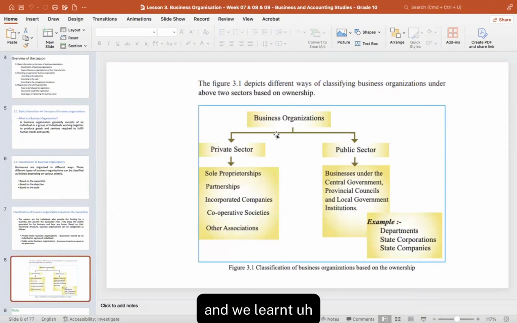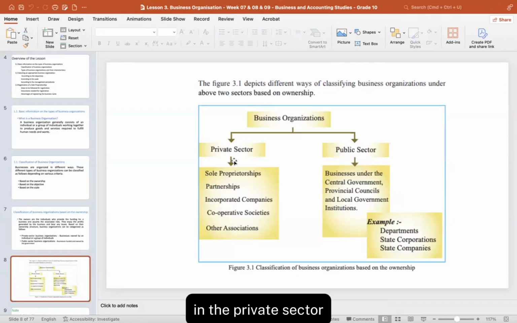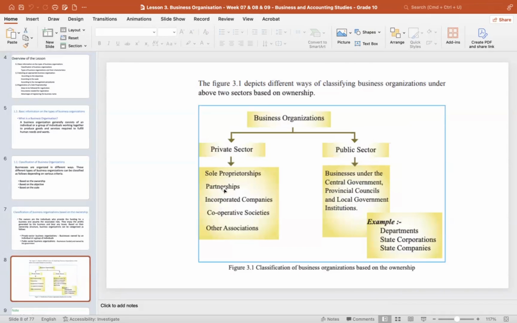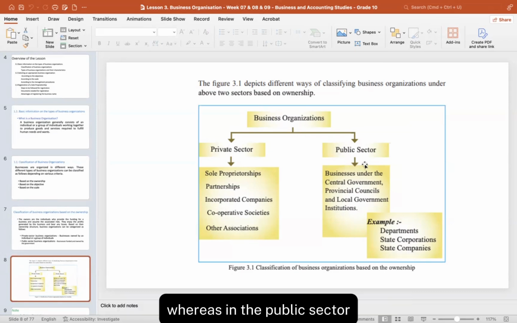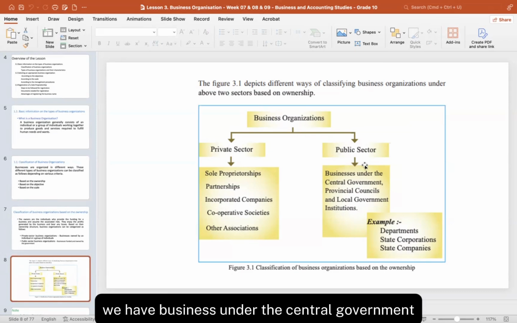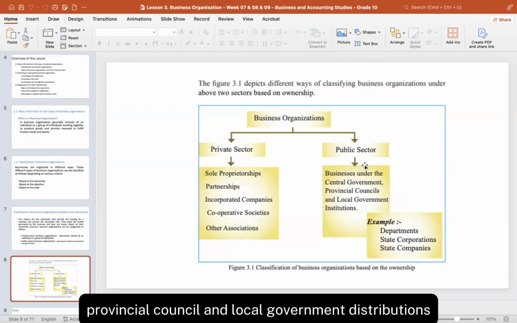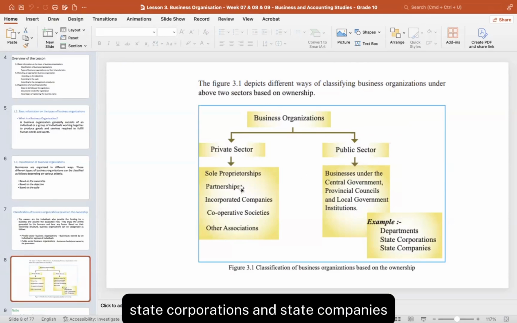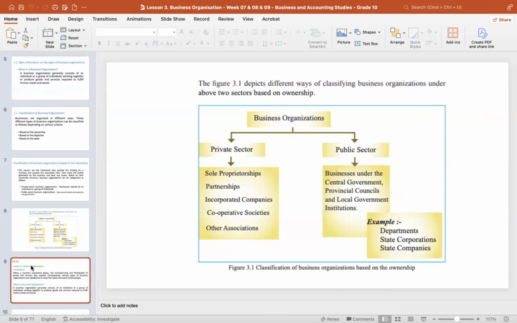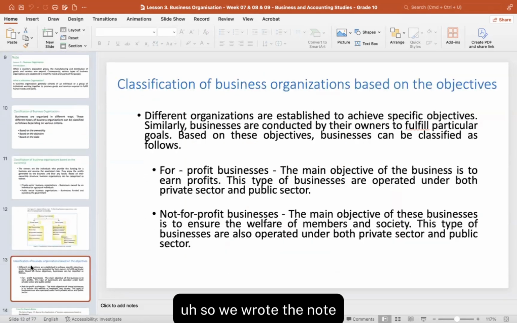In the private sector, we have sole proprietorship, partnership, incorporated companies, cooperative societies, and other associations. Whereas in the public sector, we have businesses under the central government, provincial council, and local government institutions, for example, departments, state corporations, and state companies. So we wrote the note.